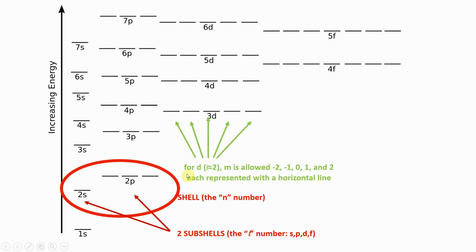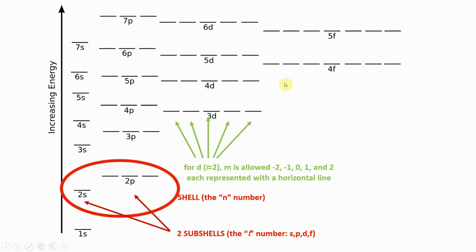So here I have shell 3, and shell 3 can have l is equal to 0, 1, and 2. Okay, so s, p, and d. For shell 4, I can have l going from 0 to 3. s, 0, p, 1, d, 2, and f is 3.